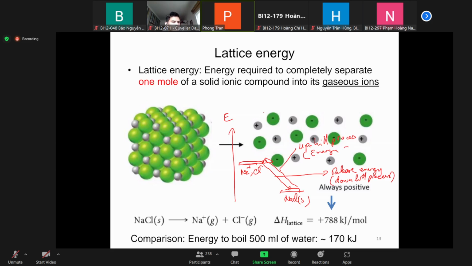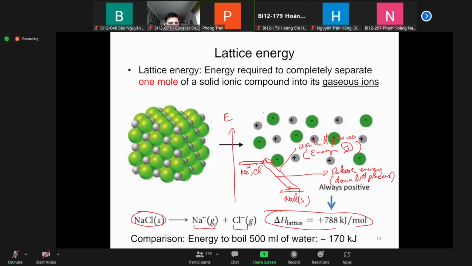is a positive value. So that's why when you break sodium chloride solid to make sodium cation gas and chloride anion gas, the process is positive in energy, because you need to put energy in to break very strong bonding.